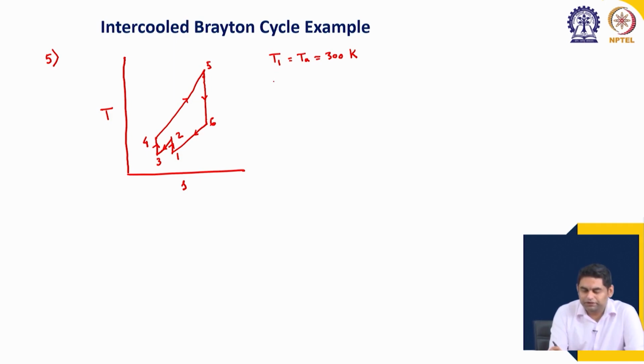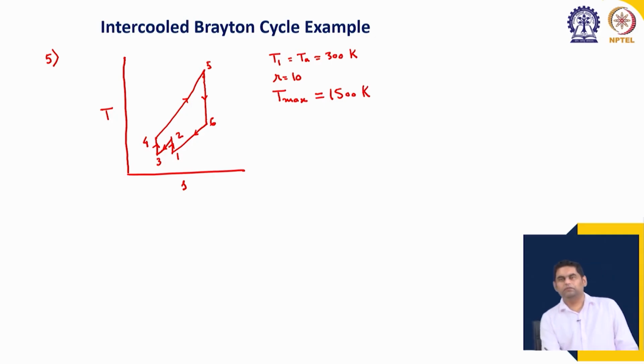So, the pressure ratio is 10 and the maximum temperature or turbine inlet temperature is taken as 1500 Kelvin. And of course, air is the fluid which is being circulated through the cycle, and air is assumed to be an ideal gas.